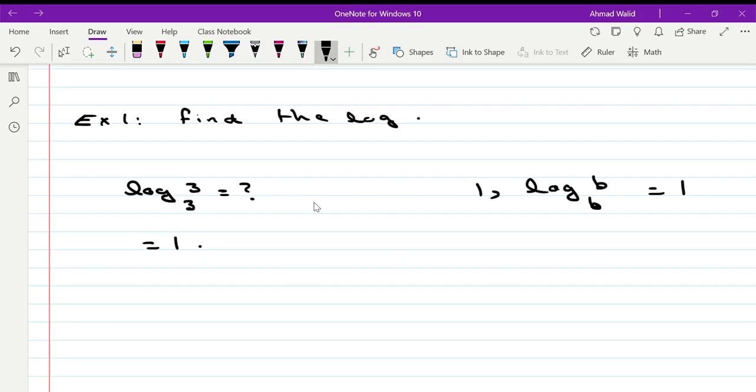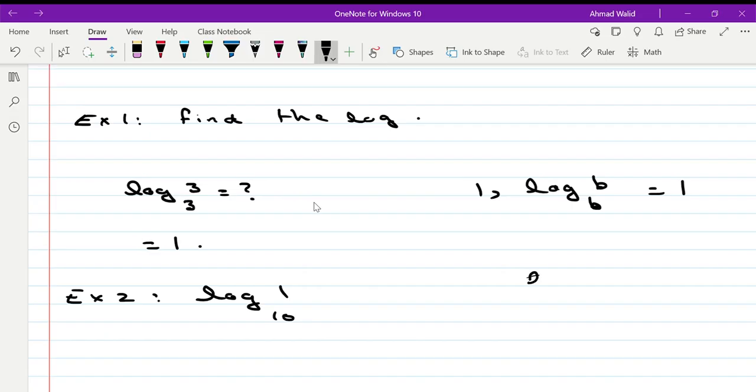Example number 2. Log of 1 base 10. When you are dealing with logarithmic problems, you have to remember the rules. If you remember the rules, finding the answer for most of them takes a second, correct? You see here I'm dealing with rule number 2.